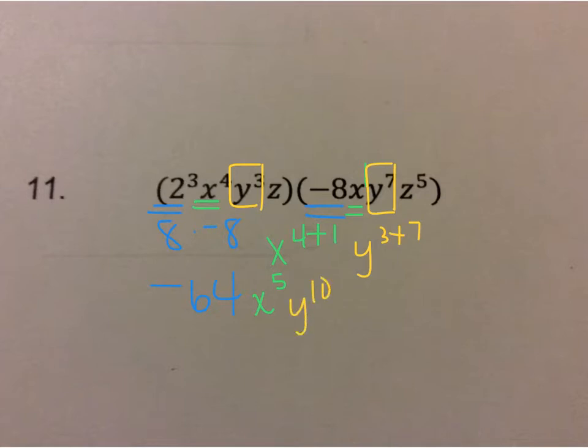And then lastly, there's an imaginary 1 on this z, and z to the 5th, so we have z to the 1 plus 5 is z to the 6th. So my answer is negative 64, x to the 5th, y to the 10th, z to the 6th.